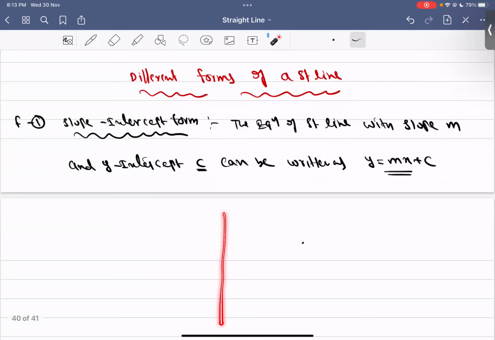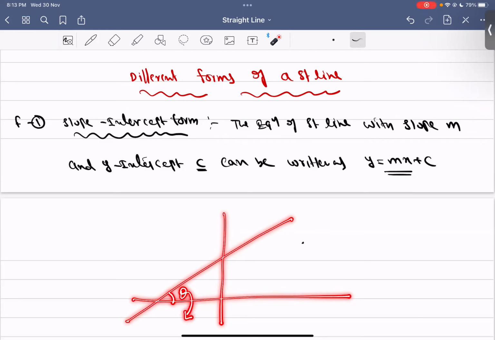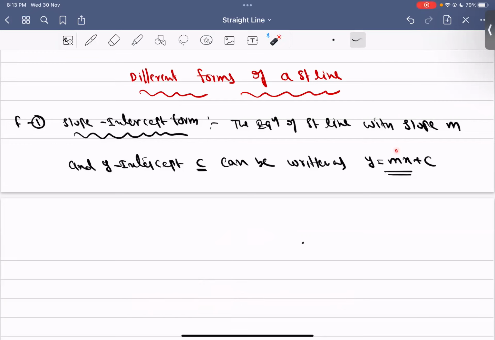Suppose this is the y-axis and x-axis. To specify a line, one quantity is this theta. What is theta? The angle made by the line with the positive direction of the x-axis. This is the inclination.